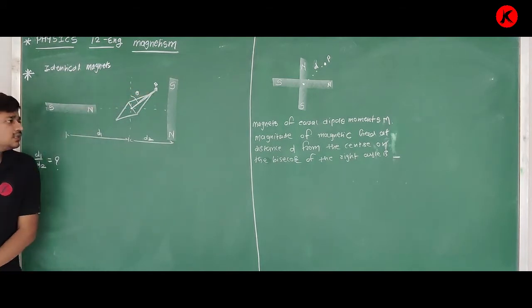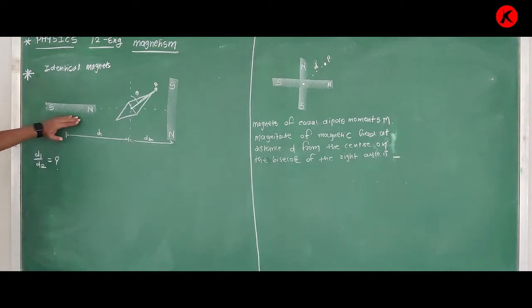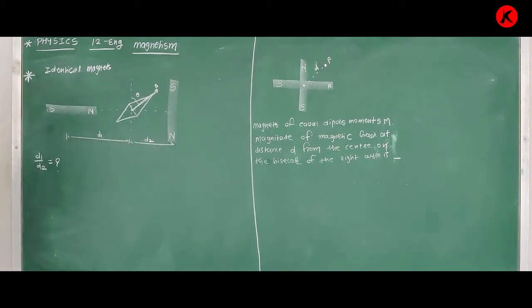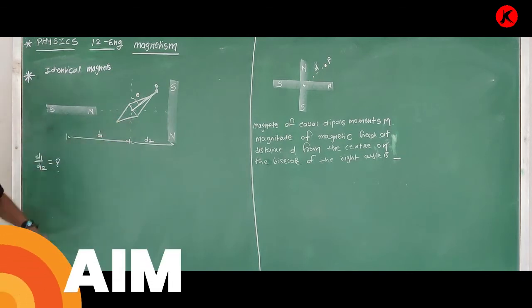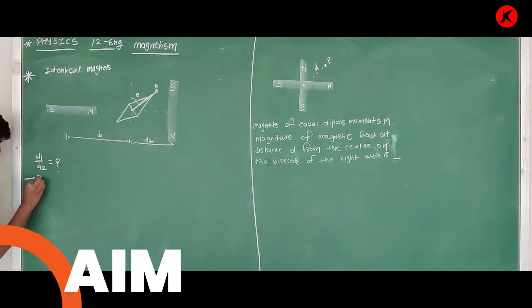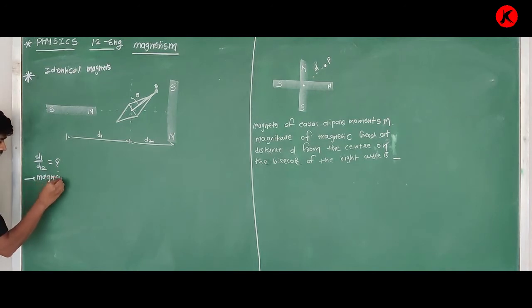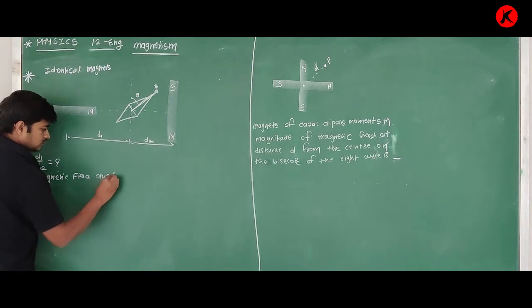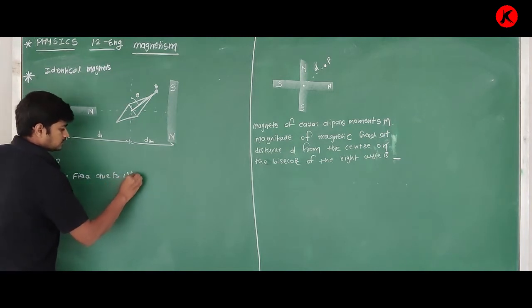Now there is one simple calculation in this question. This needle is on the axis of the first magnet and on the equator of the second magnet. So I will find the magnetic field due to the first magnet on this needle.